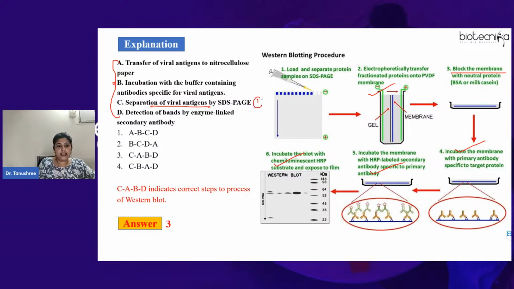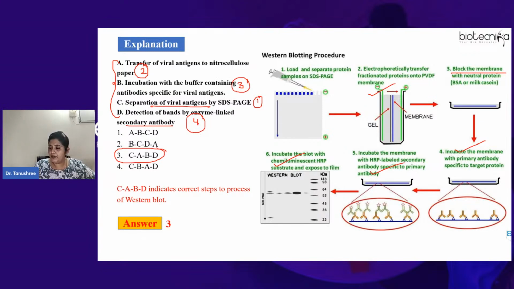The next step is transferring them to the membrane. Then you incubate with the antibodies specific for the antigens. And fourth, detecting the bands by the enzyme-linked secondary antibody. So the sequence is C, A, B, D, which is given in option 3.